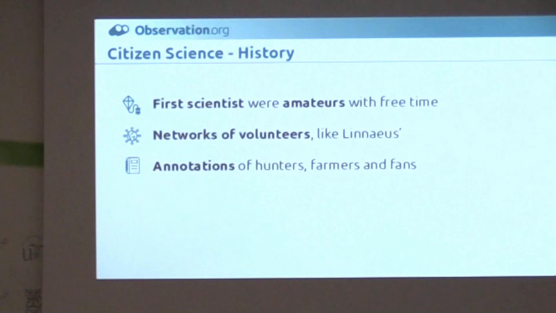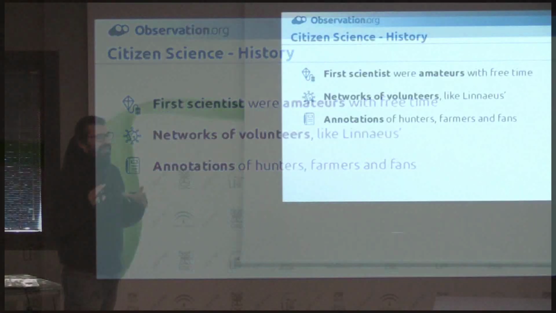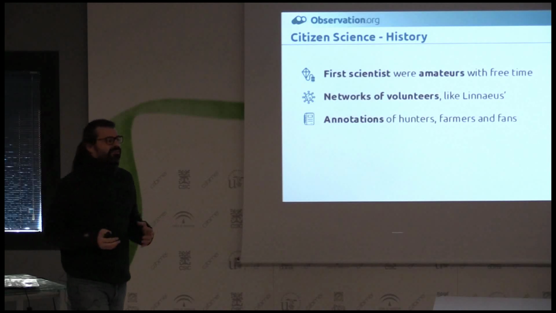For example, Linnaeus made most of his work using a network of volunteers, not as a main job, but in his free time. So that was something like the first example of citizen science.